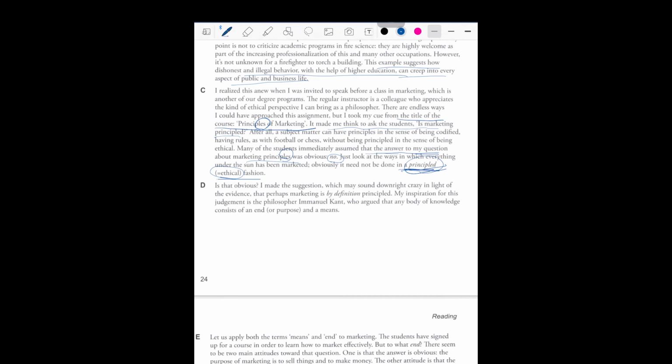My inspiration for this judgment is the philosopher Kant, who argued that any body of knowledge consists of an end and a means. Okay, here's a quote. My inspiration for this judgment: any body of knowledge consists of a purpose and a means. By definition, principled.